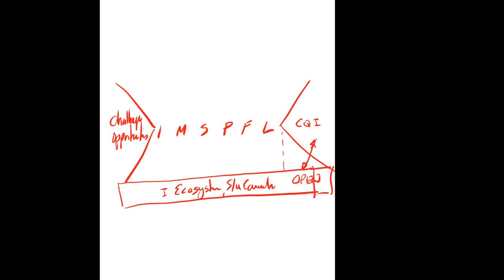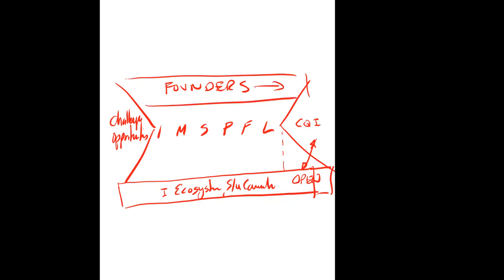And then over top of this, we have the founders that are moving innovations through this funnel and through the process of business creation and out to the business operations in here, and then potentially, as we talked about, circling back in there.